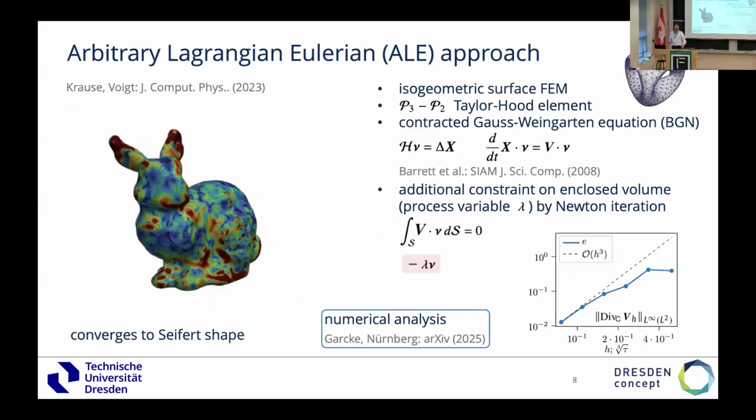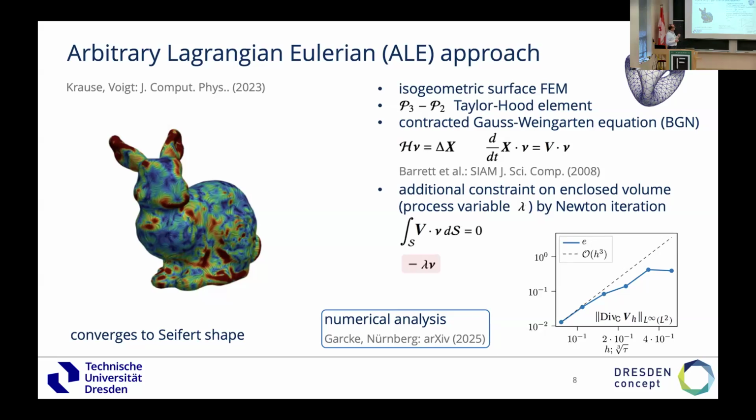Now, I would like to show you that one can also numerically solve that. The numerical approach we use is based on surface finite elements. So we have a surface mesh, and this evolves. We use a Lagrangian-Eulerian approach, Lagrangian in the sense that we move the grid points in normal direction, Eulerian in tangential direction, and arbitrary in the sense that we also move grid points tangentially to maintain grid regularity.